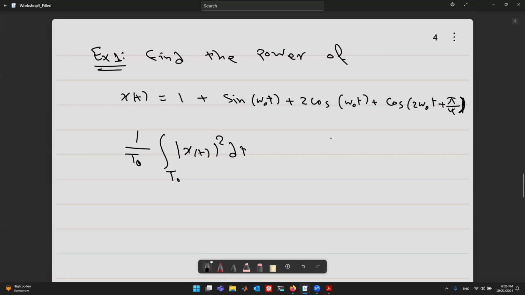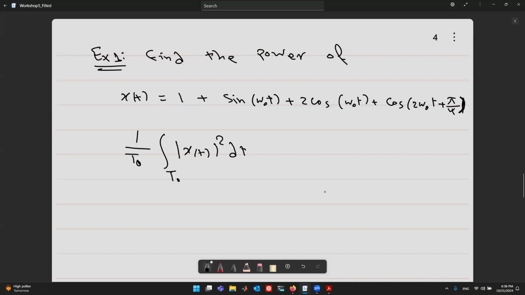And it's clear that this is not easy in this signal, right? It's not easy to take the absolute value of the whole thing squared and then find the integral. You would use multiple different things.